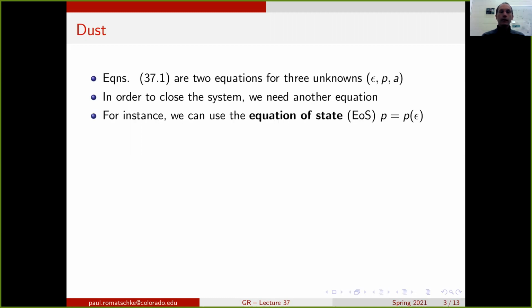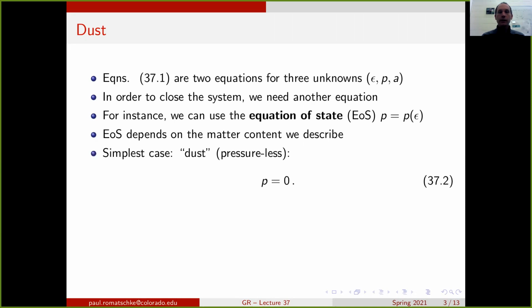This additional equation is usually taken to be the equation of state, or the relation between the pressure and the energy density of the matter that we want to describe. The simplest one is the equation of state for dust, where we assume that the matter is just in the form of small particles which have a fairly high energy density because it includes the rest mass of the particles.